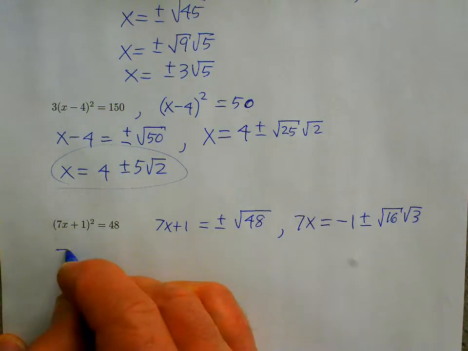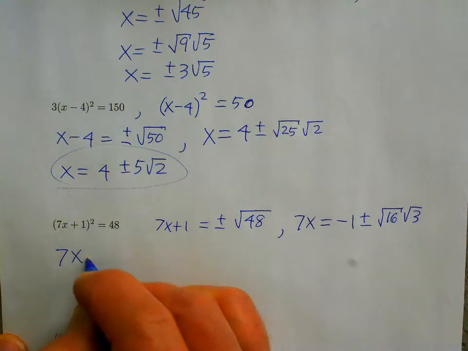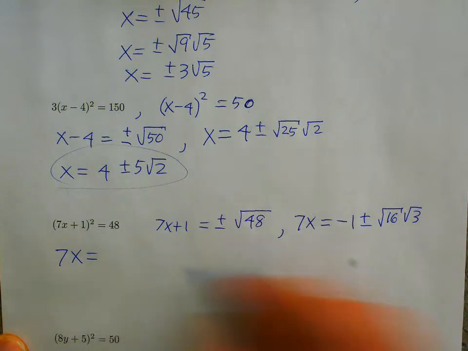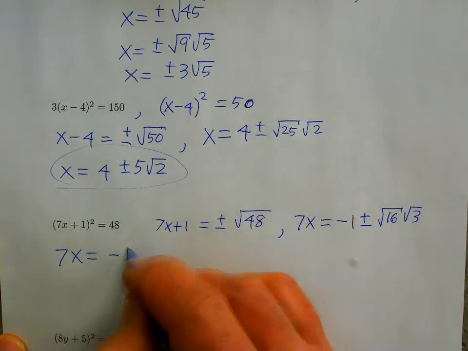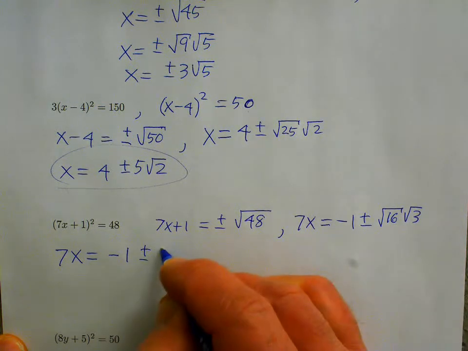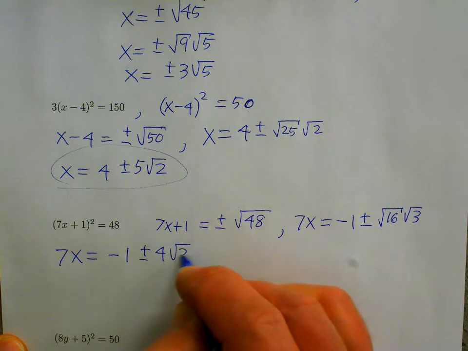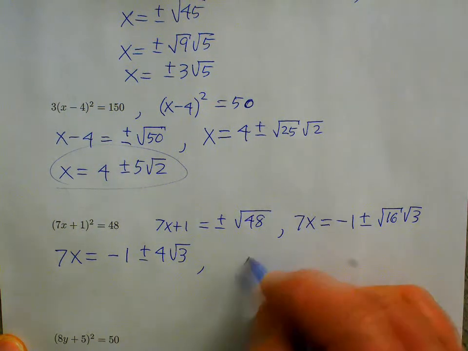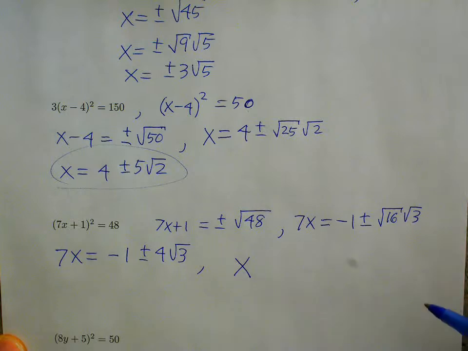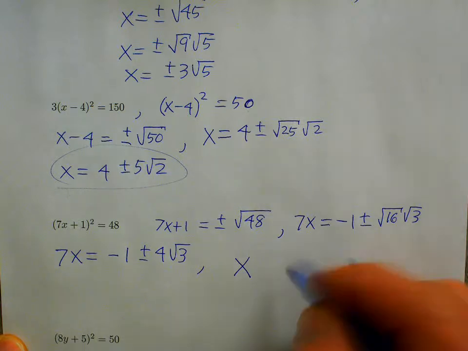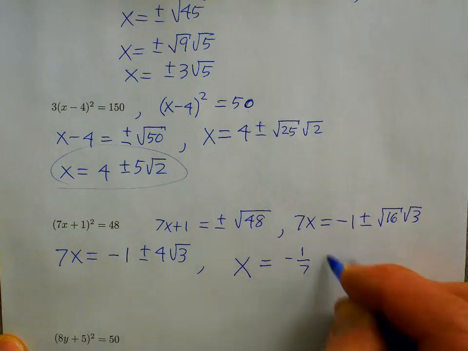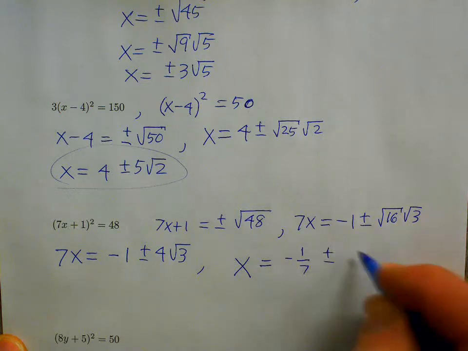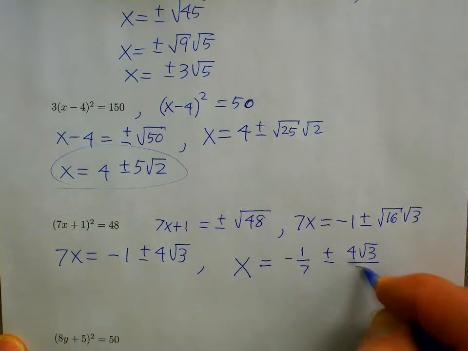Well, before dividing both sides by 7, I'll just simplify this a little more. 7x equals negative 1 plus and minus 4 times the square root of 3. And then finally, divide everything on both sides by 7. So x equals negative 1/7 plus and minus 4 times the square root of 3 divided by 7.